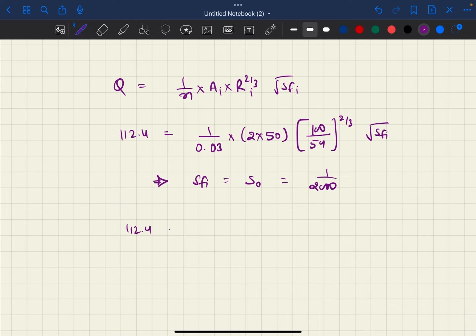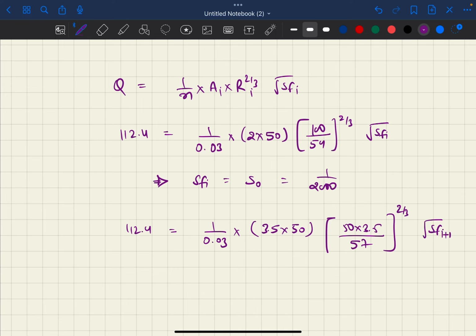And for i plus 1, now 0.03 into 3.5 into 50 into 3.5 upon 57 raised to power 2 by 3 under root Sf i plus 1.